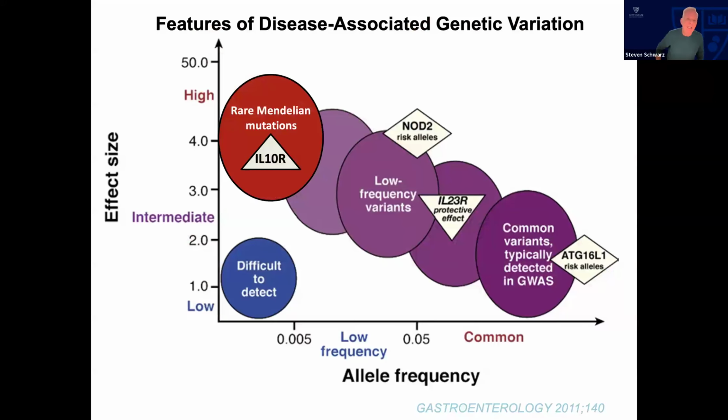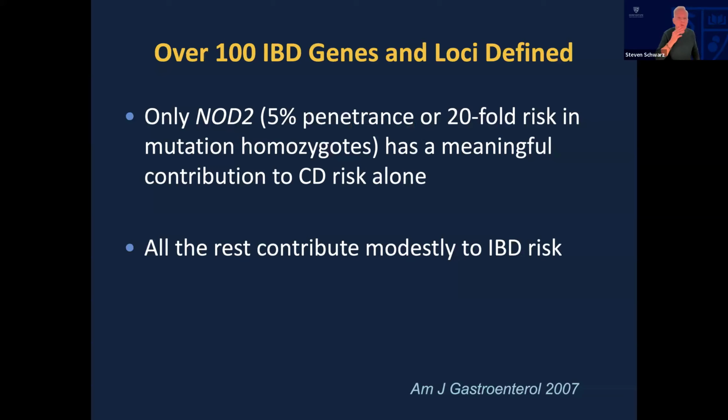So again, let's go back to looking at the effect size of our variants. We've talked about IL-10, very low frequency, very high clinical effect. Let's now talk about some of these other genes. There have been over 100 IBD genes and loci identified, only NOD2, which in patients who are mutation homozygotes, and there's only 5% penetrance here, have a 20-fold risk.